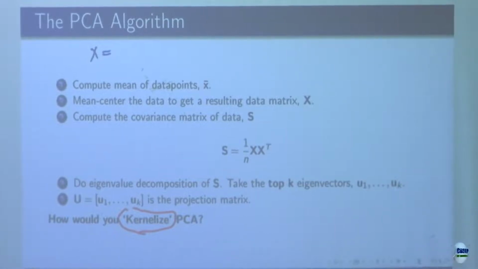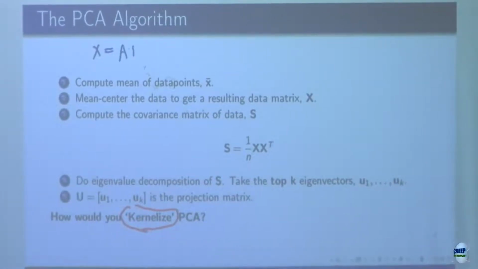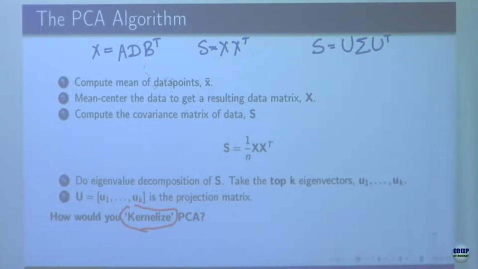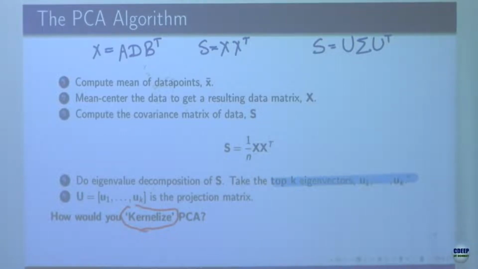So let's say X has a singular value decomposition A, D, B transpose, and let's say S is XX transpose, the covariance matrix, and S also has its eigenvalue decomposition. What is the eigenvalue decomposition of S? U sigma U transpose, right? So when we refer to the eigenvalue decomposition of S, we are basically referring to this form.